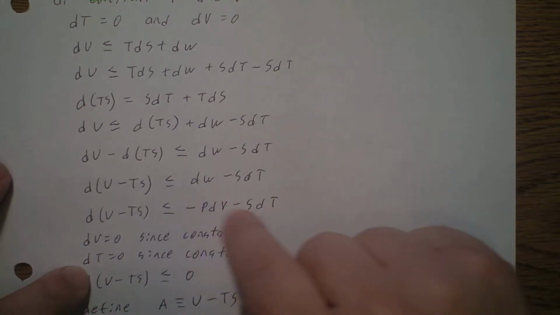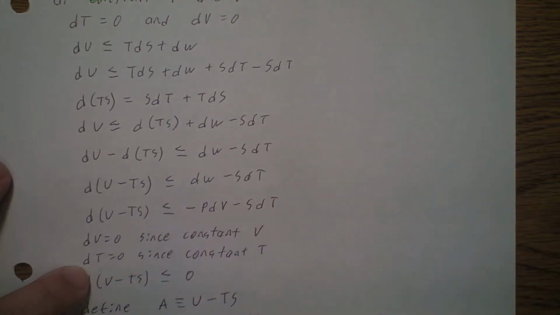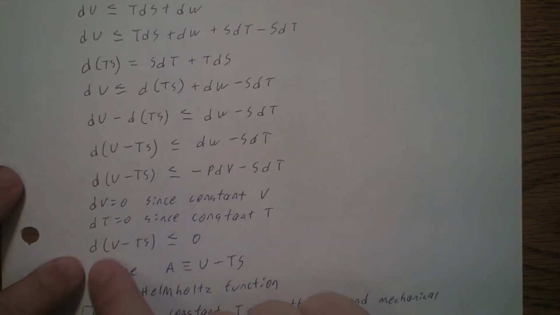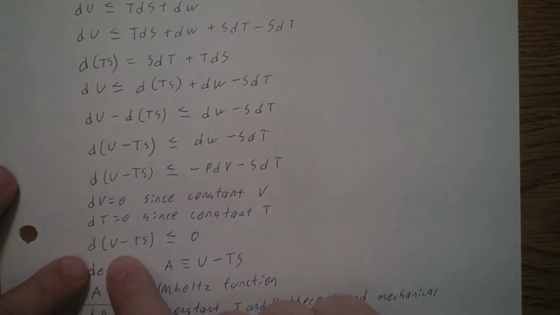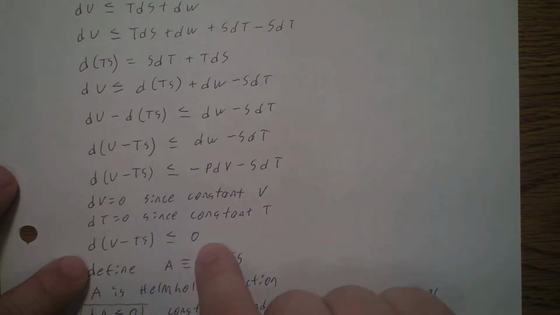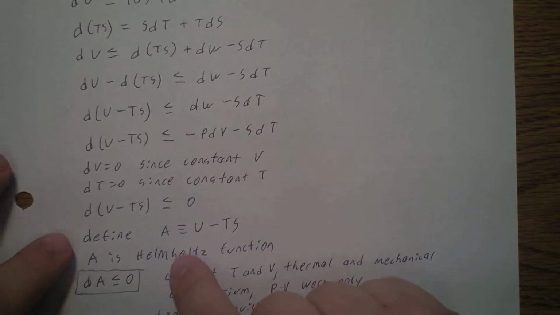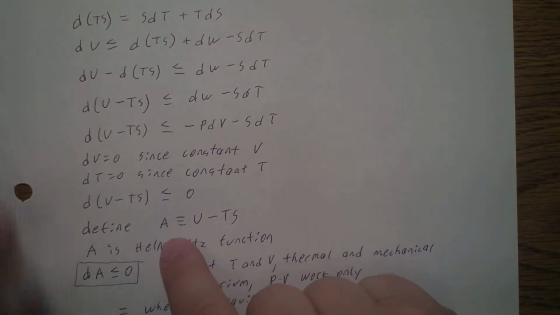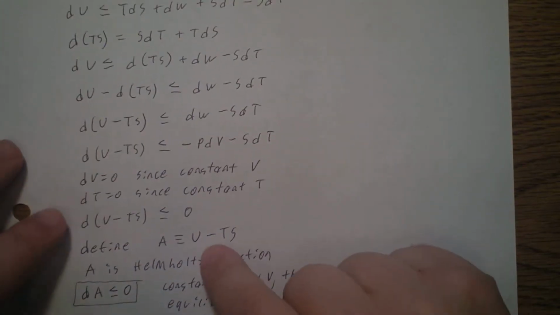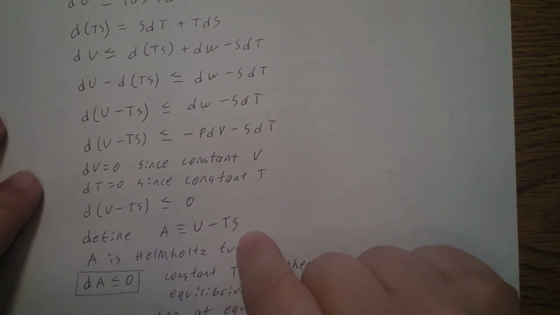Which means this whole right side is equal to 0, so the left side must be less than or equal to 0 too. So that gives us that the differential of internal energy minus temperature times entropy is less than or equal to 0. So we're going to define this Helmholtz free energy, capital A, is equal to U minus TS.